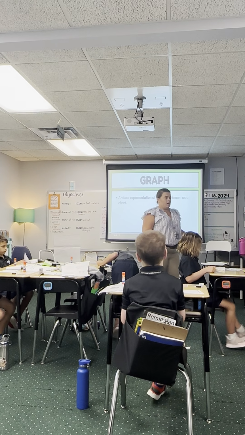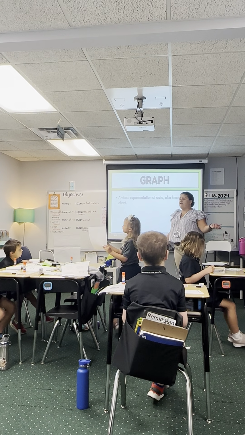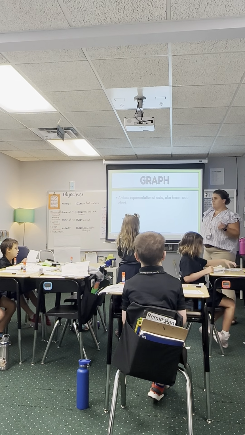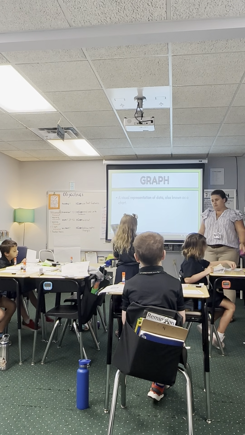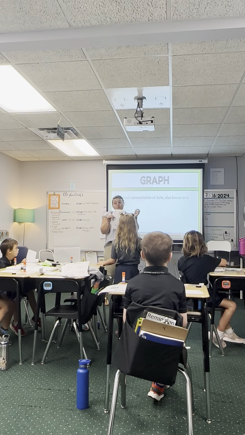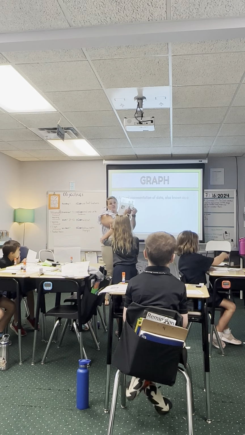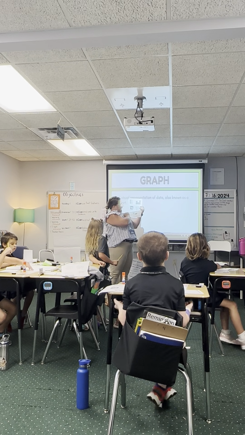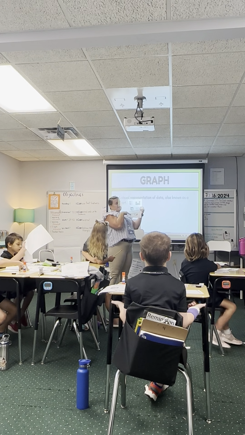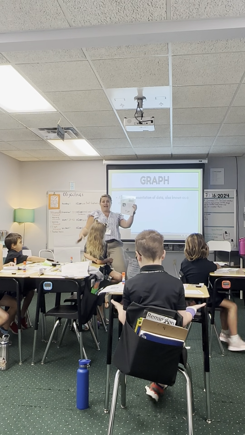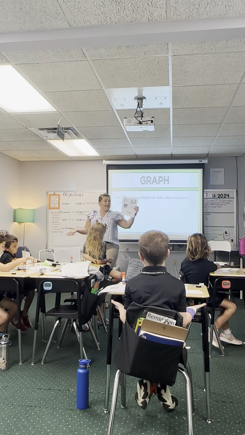Not really. Okay, so like our favorite animals, like Remy was talking about. This is your graph, and it says number of children and how many pets they have. So you can visually see that the amount of people in class that have no pets is higher.